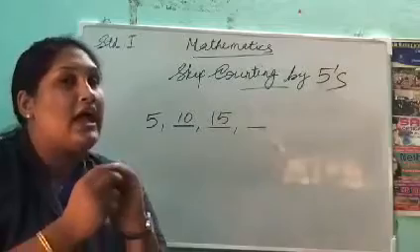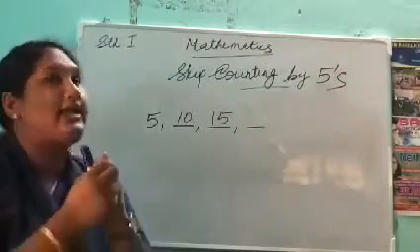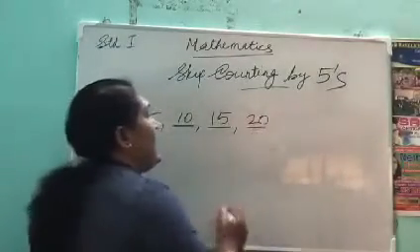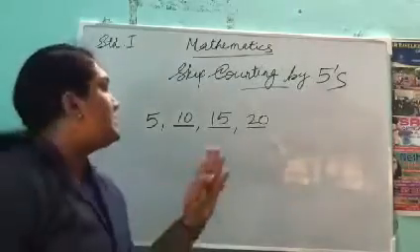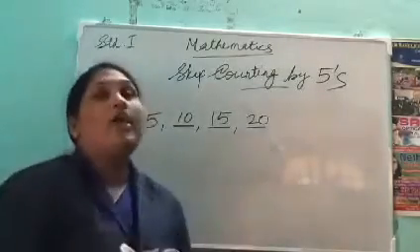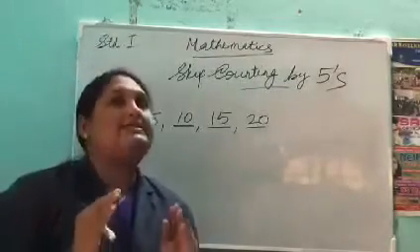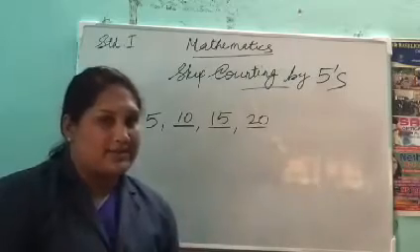We got the last answer. Which is it? 20. So you write the number 20 here. We skipped 4 numbers before 20. This is the way we can skip numbers.